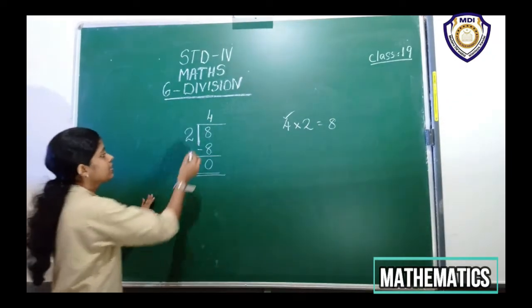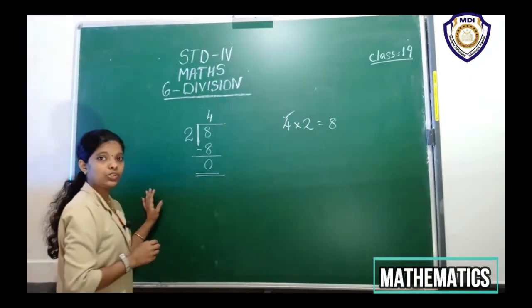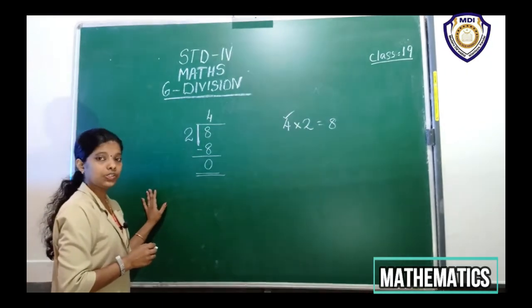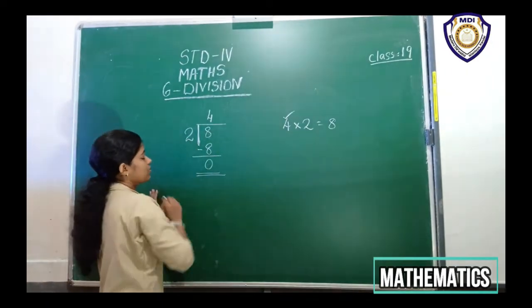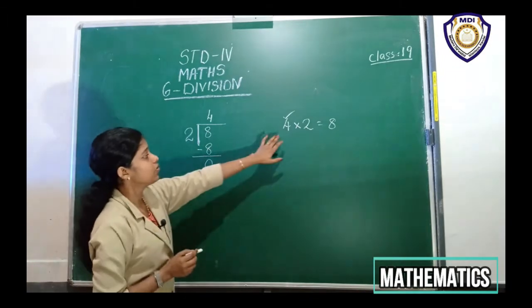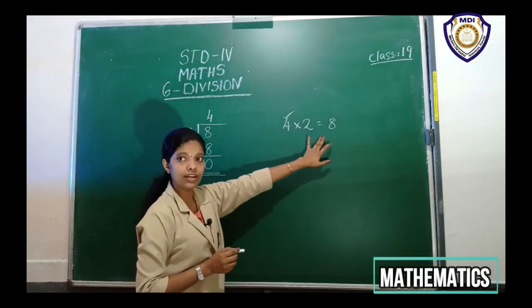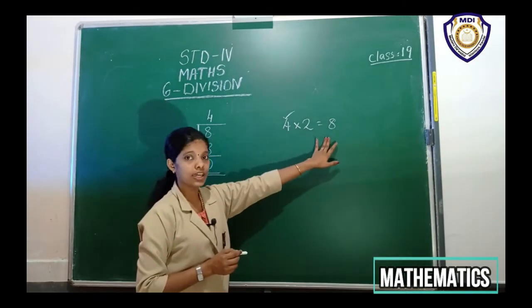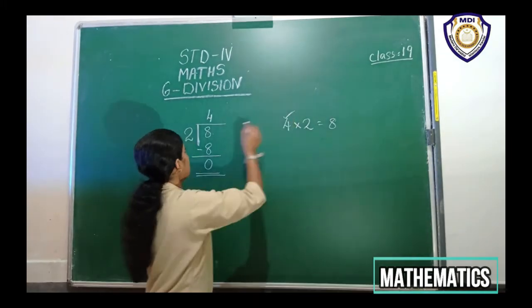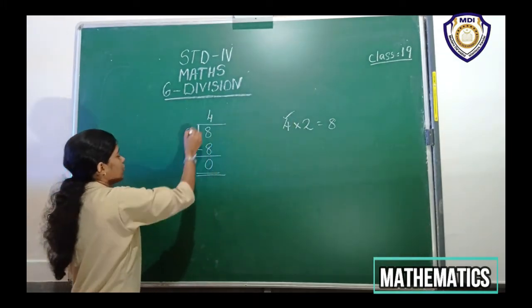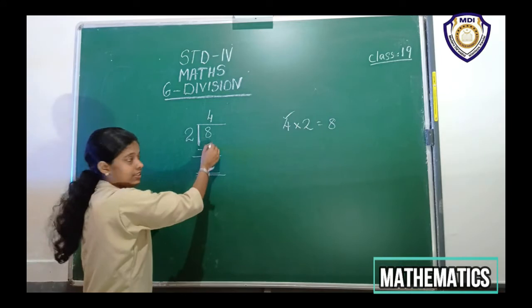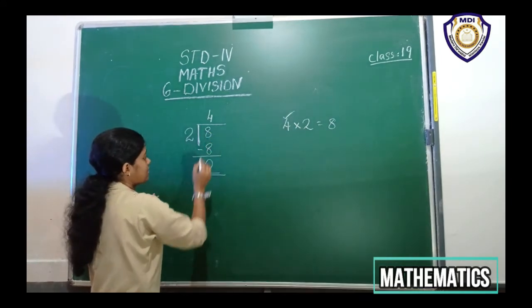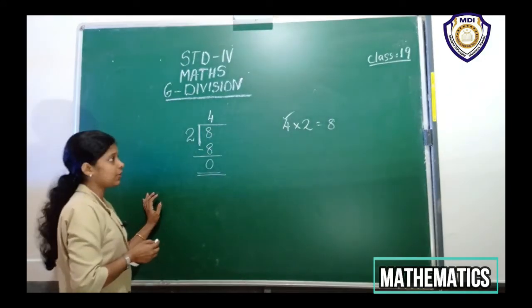Listen here. 8 divided by 2. We take 2's table. 4 2's are 8. We take 4. 4 is here. Then subtract. 8 minus 8, we get the answer 0.